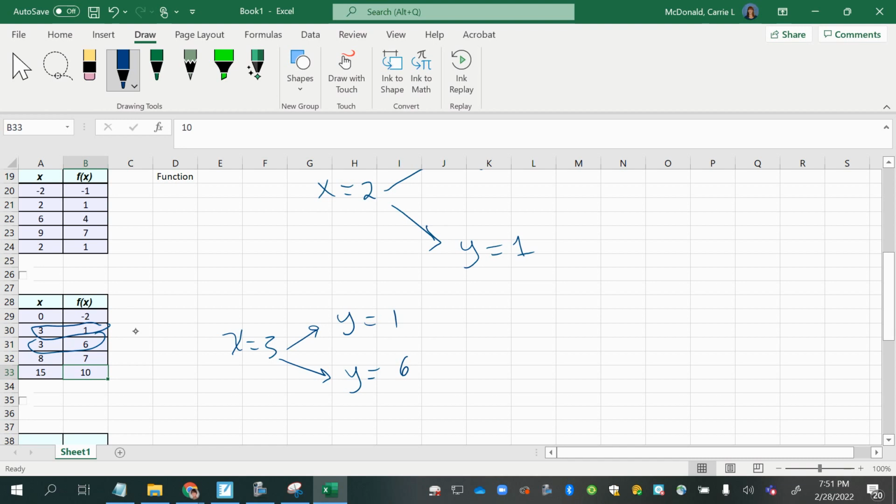So the thing is that when somebody says start at x equals 3 and then you'll know where to go, I would go to x equals 3 and then be told, hey, you can go to y equals 1 or you can go to y equals 6. And it's like, which way do I go? Now I have a question mark. I have to make a decision of where to go.